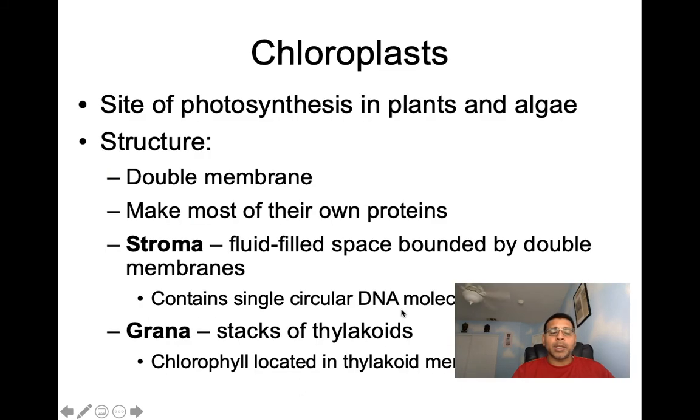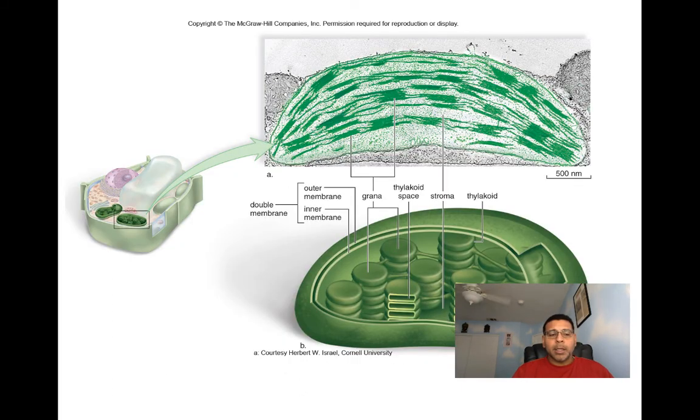So here you can also see chloroplasts. And the inside of the chloroplast I'd like you to know about as well, because we're going to talk about that when we get to photosynthesis in greater detail. Here you can see you've got an outer and inner membrane. And then here we can see we've got basically grana. You can see thylakoids, and a stack of thylakoids we refer to as a grana.